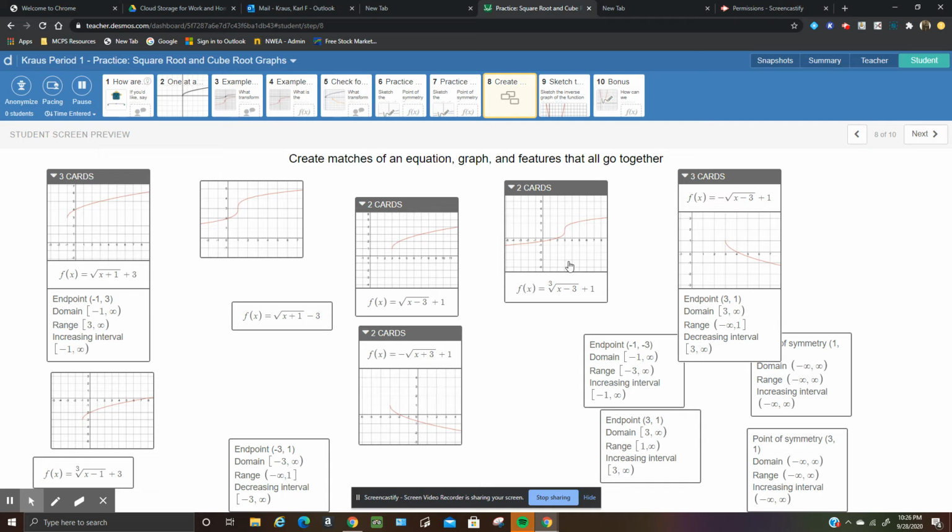And this is going from negative infinity to positive infinity, increasing.